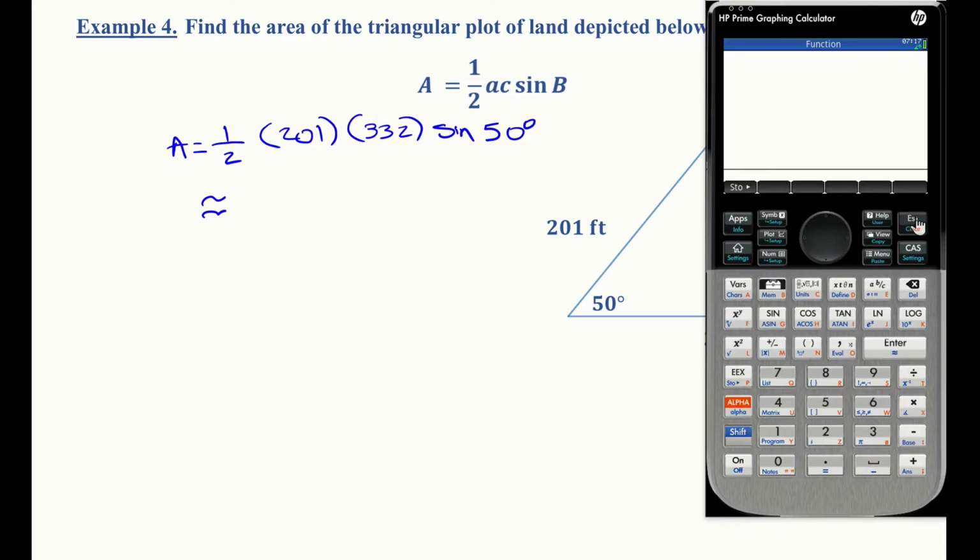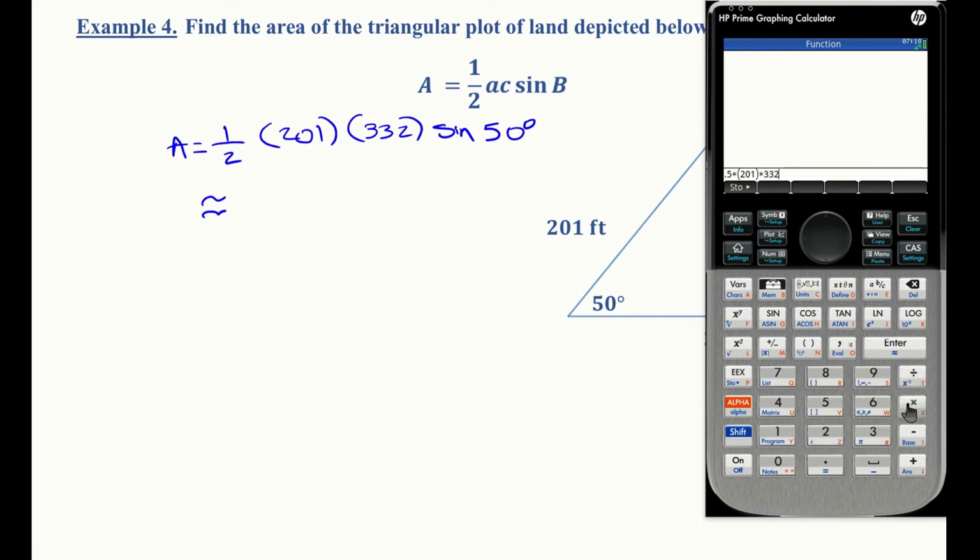So instead of 1/2, you could put 0.5. It's much more efficient like that. So we'll just go times 201. I forgot that our calculator is a little sensitive. All right, so times 201, and then times 332.